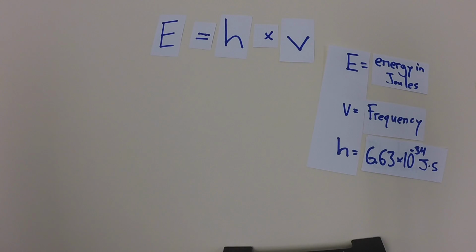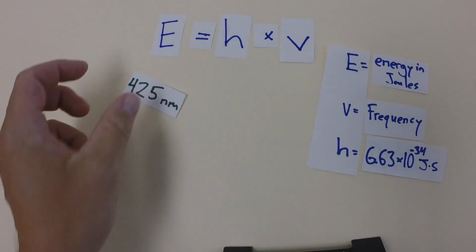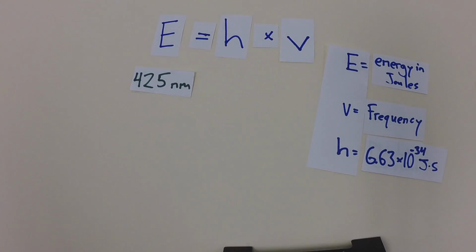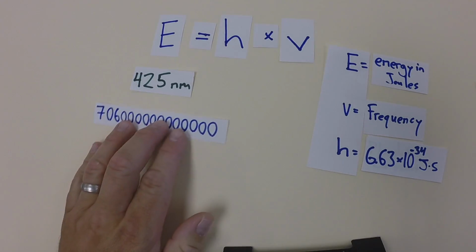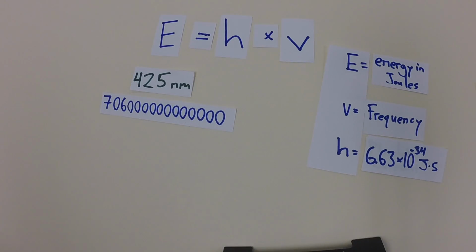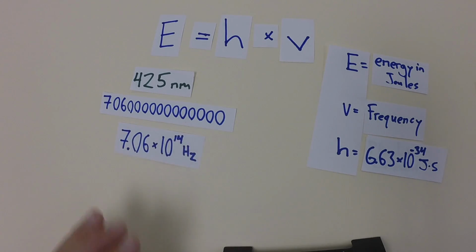In the previous video, we related wavelength and frequency. And we determined that the frequency of this photon of light, 425 nanometers, had this frequency, 7.06 times 10 to the 14th hertz.